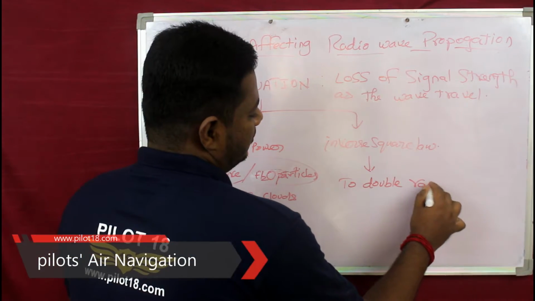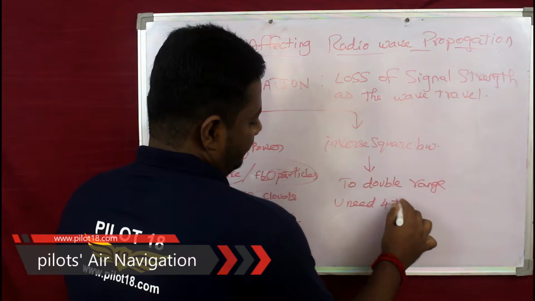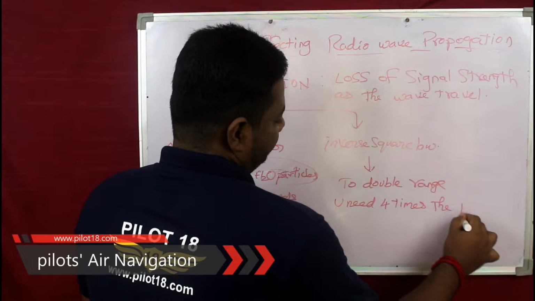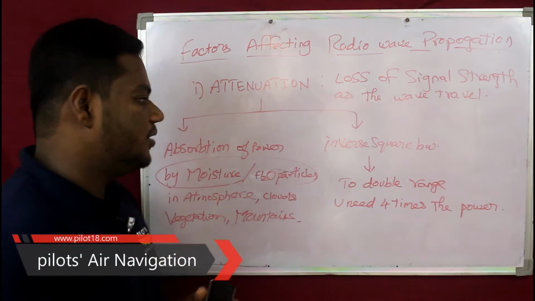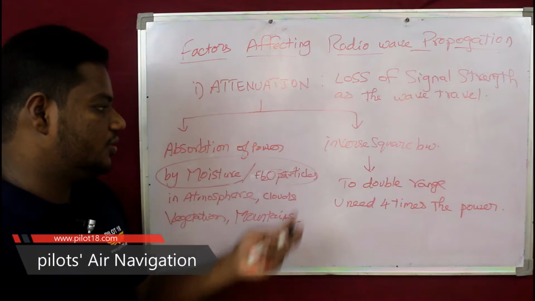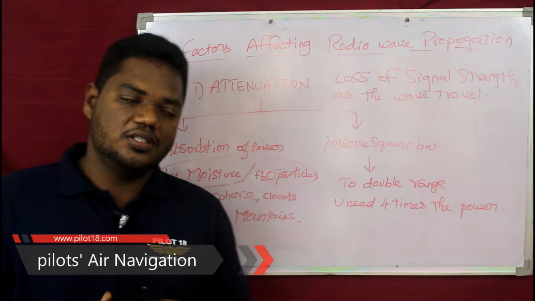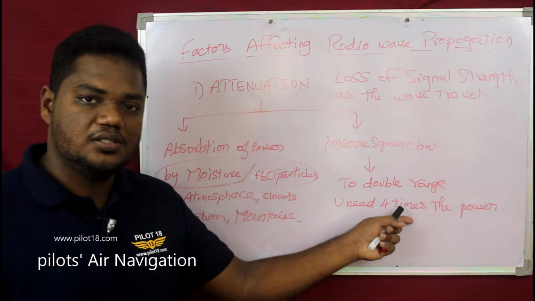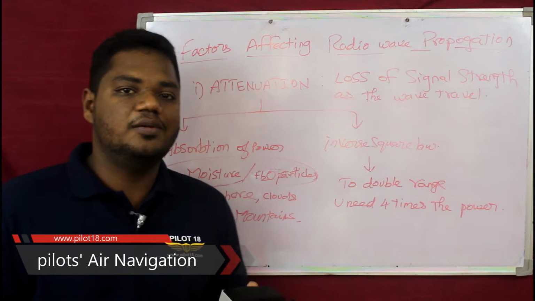To double the range, you need 4 times the power. This is the inverse square law. According to this law, your power requirement will be 4 times if you want to double the range, right? You can imagine the light bulb in a room.